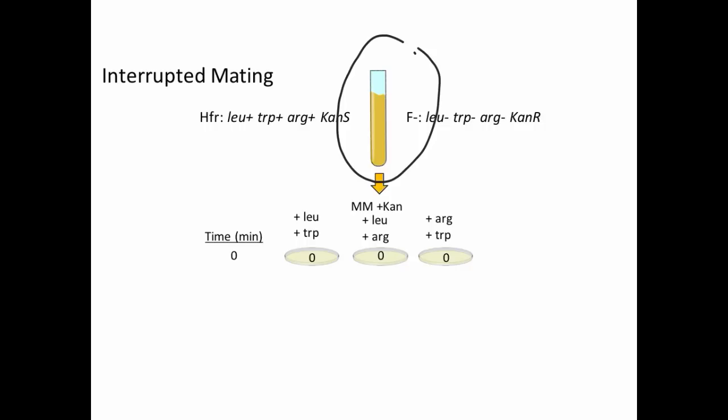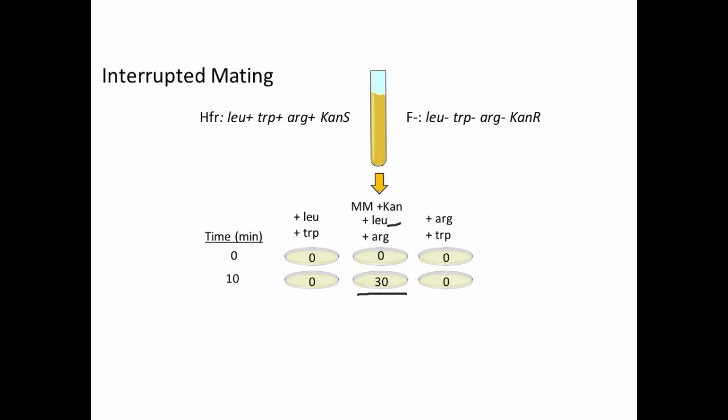Let's say we let some time go by and then take another sample. We take another sample and plate it out on these different conditions. So after 10 minutes, we now see that we have some colonies starting to grow in the absence of tryptophan, or Trp.